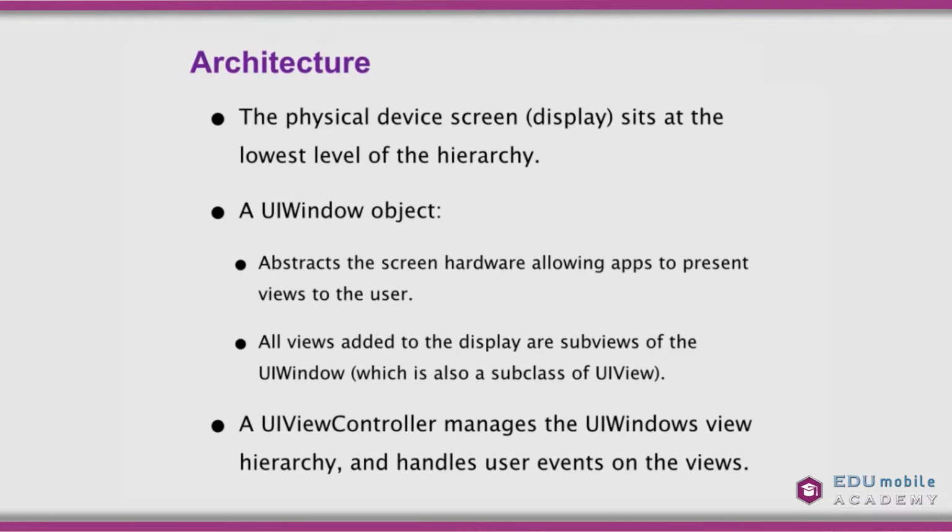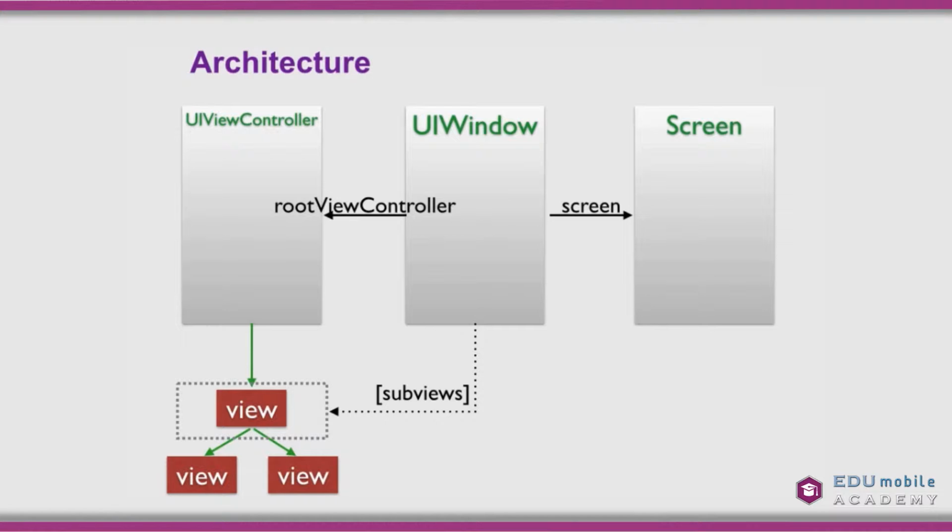So let's look at the picture of this. Over here on the right, I have the screen. A UIWindow maintains a property called screen that refers to the device hardware screen. It also maintains a property called rootViewController, which refers to the view controller that is, let's say, the main view controller. Now, different view controllers can be displayed, and we can switch them in and out in an app, and we do that, certainly, but there's always one root view controller, the main view controller.